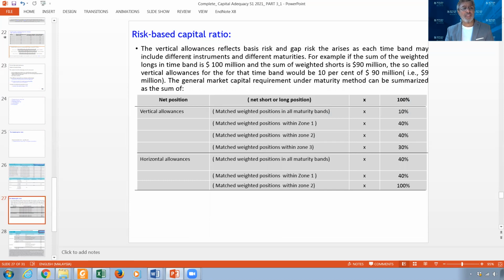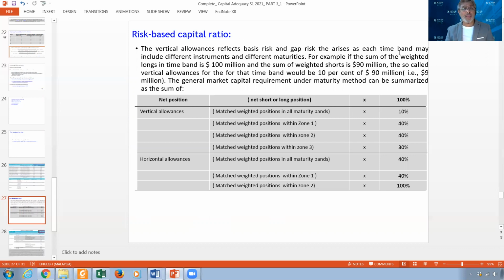So say the vertical disallowances reflect basis risk and gap risk between the shorts and the longs, right? What do we mean by basis risk? Because the increase in the liability side may not be increasing in the asset side. Maybe there are some differences. So the regulators want you to take that into consideration, and also the difference between the long and the short risk.